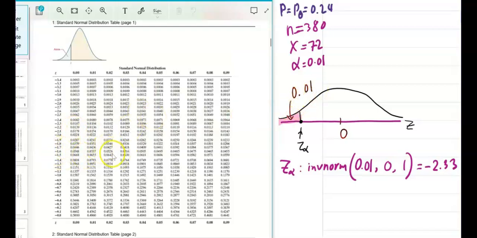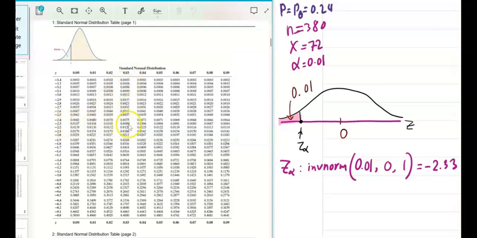Let's see. So 0.01, see this one here, 0.0099 is close to 0.01. This one is closest to 0.01. So your critical value is going to be negative 2.33.